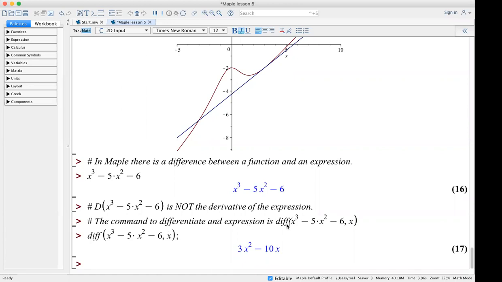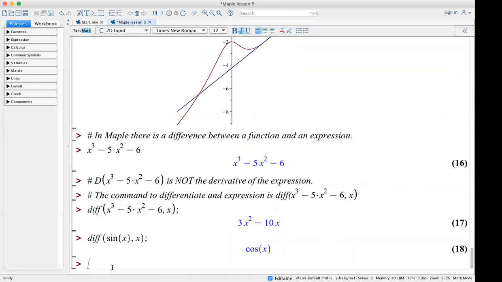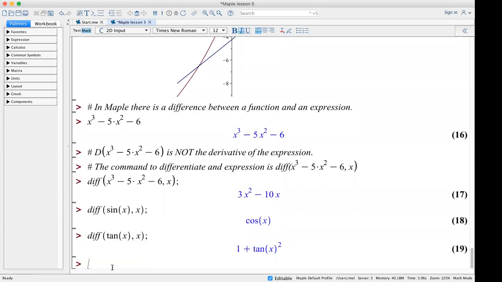So to differentiate an expression, you use diff, the expression, and then the variable x you're differentiating with respect to. So diff of sine of x is the cosine. Diff of the tangent of x. It still likes 1 plus tangent squared instead of secant squared.